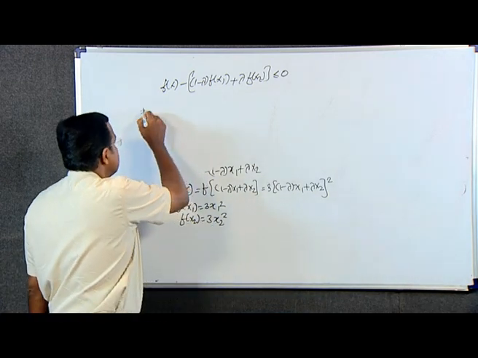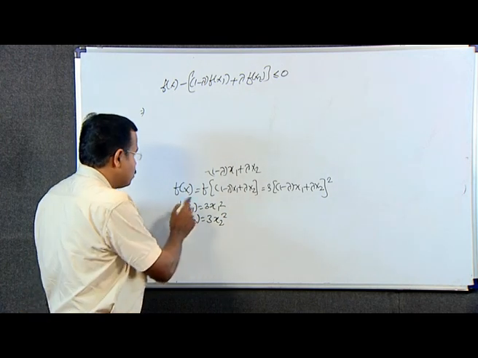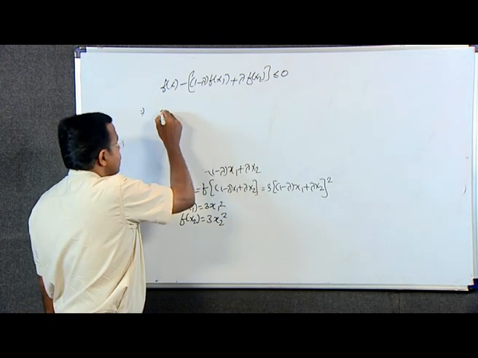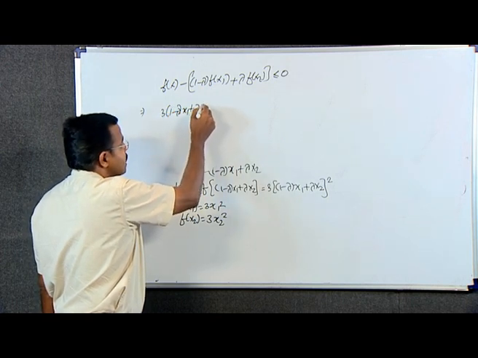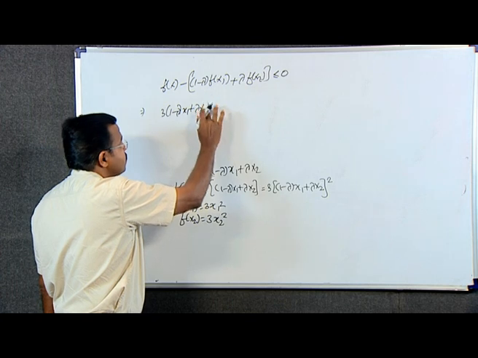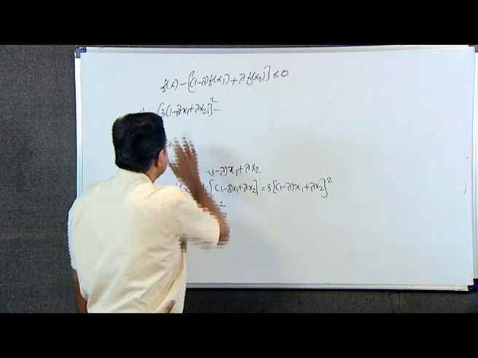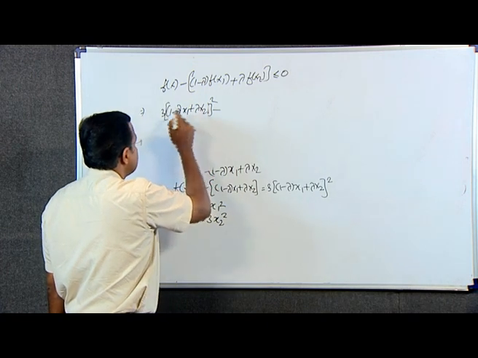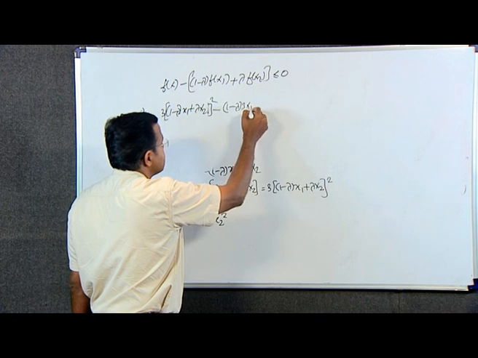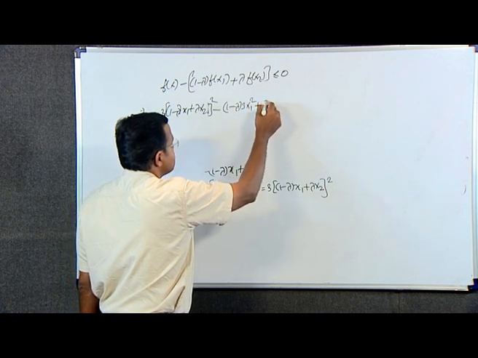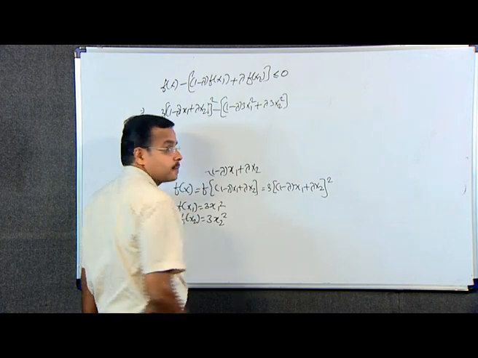So, here f of x minus ((1 minus lambda) f of x1 plus lambda f of x2) is 3 times ((1 minus lambda) x1 plus lambda x2) the whole square, minus (1 minus lambda) times 3x1 square plus lambda times 3x2 square.